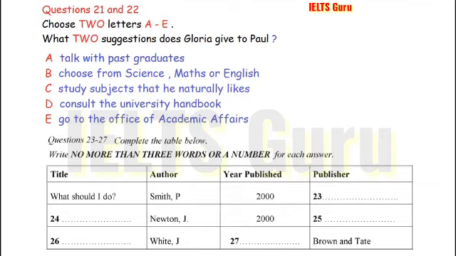Now, some of the details will be a little inaccurate. That's no problem. If you could just remember the titles, I'll be able to look them up at the university library. Now, let me just get my pen. Okay, ready? All right. The first book I found was What Should I Do? It was written by Paul Smith, and I believe it was published in 2000 by Smith Brothers.